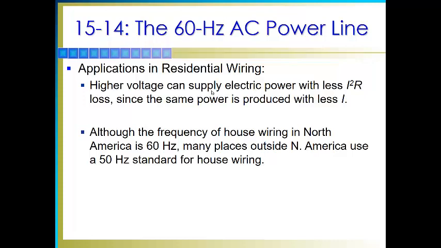Because the power is the voltage times the current, if we need to transmit a lot of power, we would rather have high voltages and very little current on it, because remember, the current is the one that generates the heat on the wire, and that heat is basically power loss.